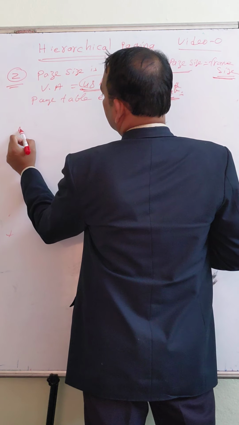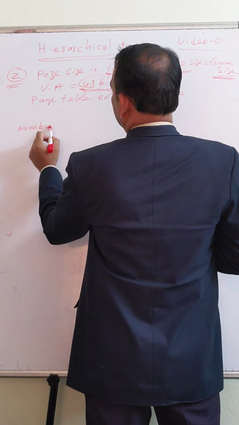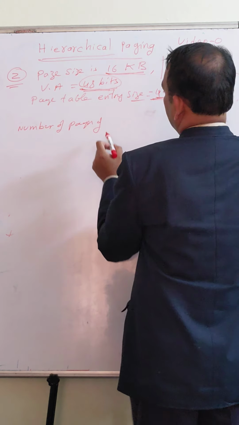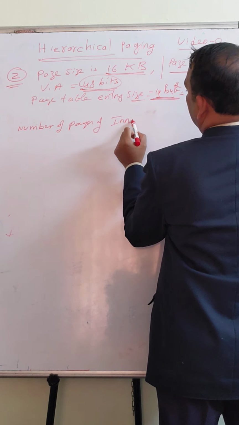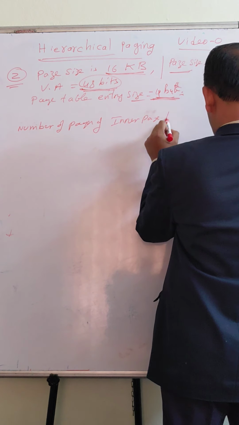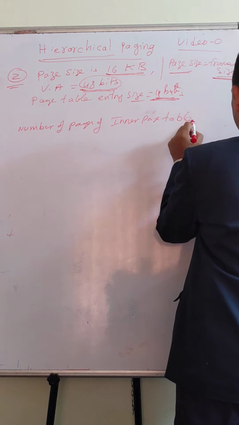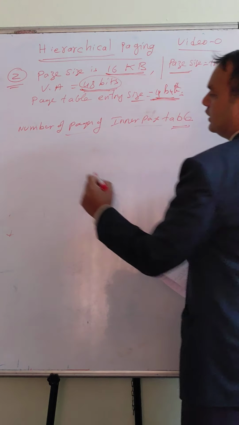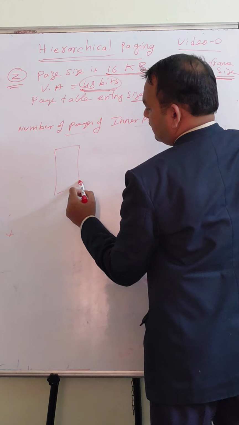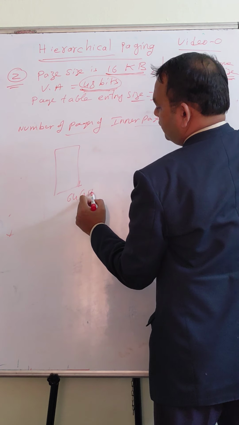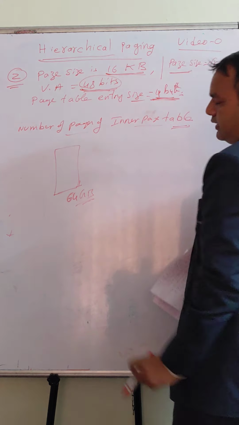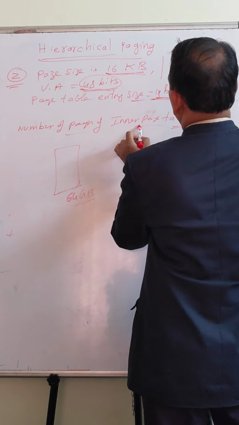Number of pages of inner page table. The total is 64 GB. We'll find out the number of pages of the inner page table.